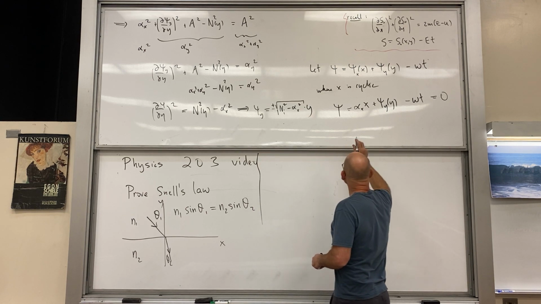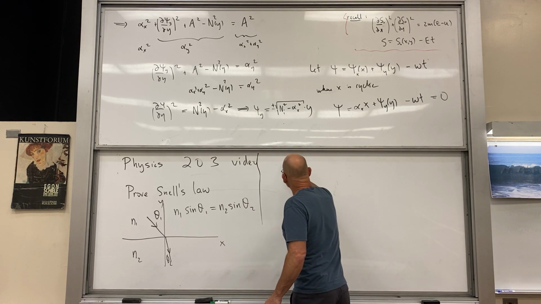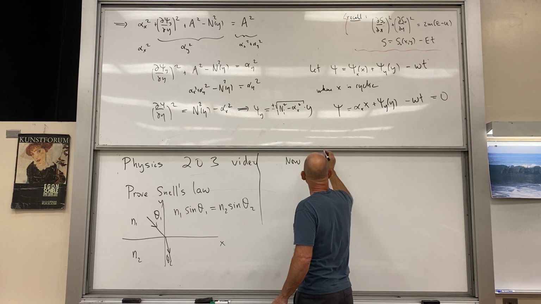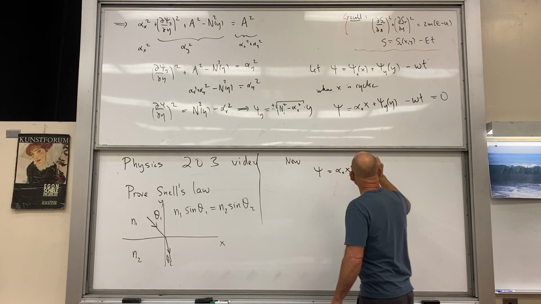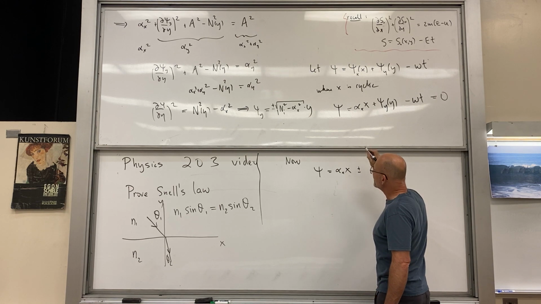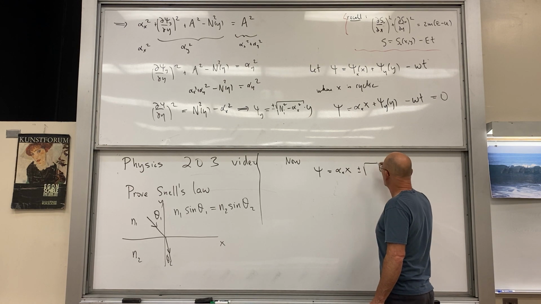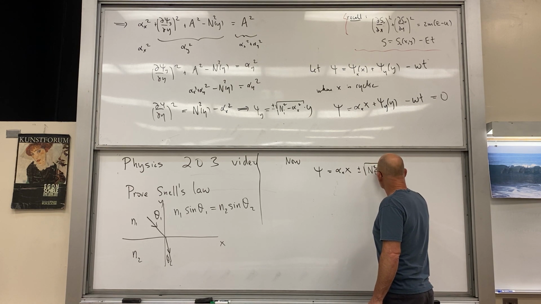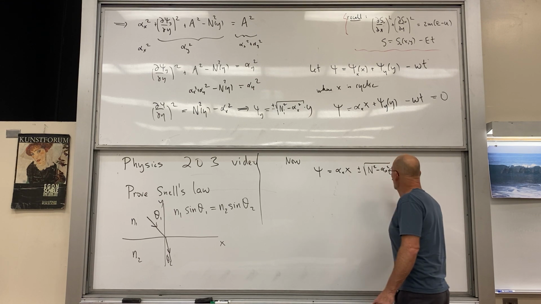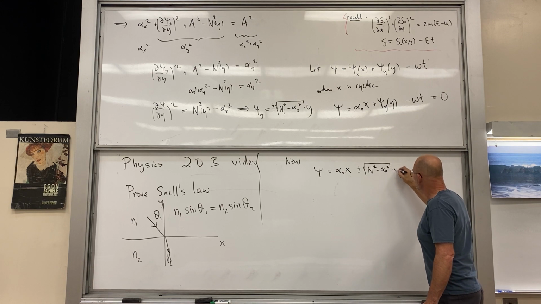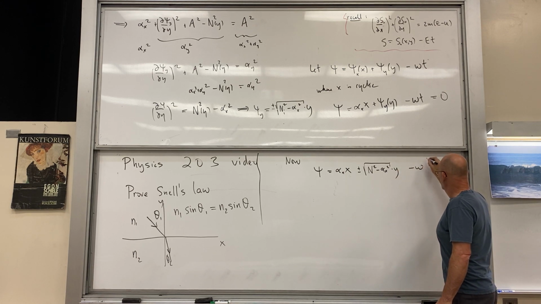Okay, so what have we obtained now? We have c equals alpha x times x, let's write a plus minus here, root n squared minus alpha x squared times y minus omega t.